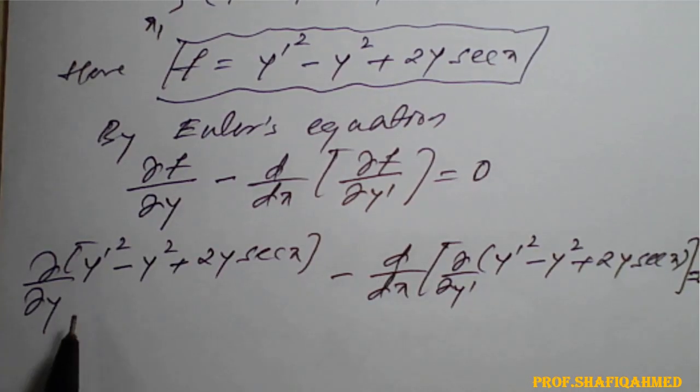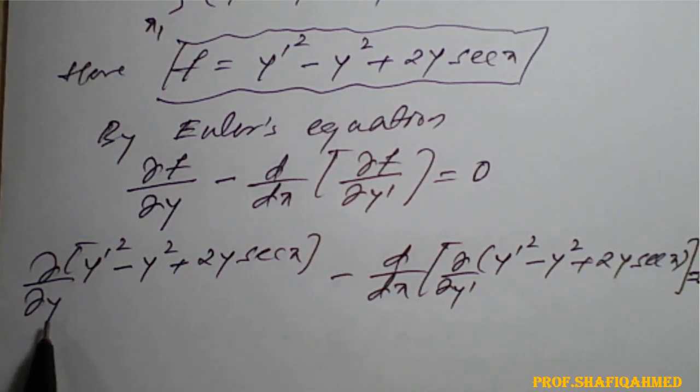So now we'll see. This bracket we need to differentiate partially with respect to y.